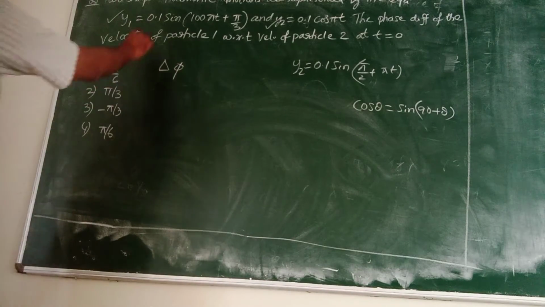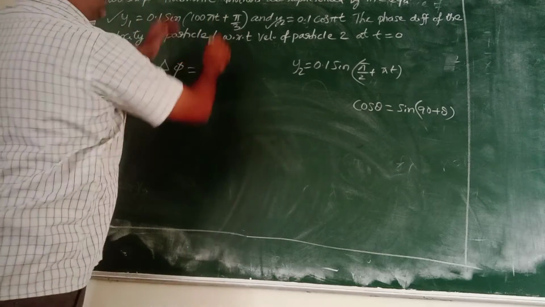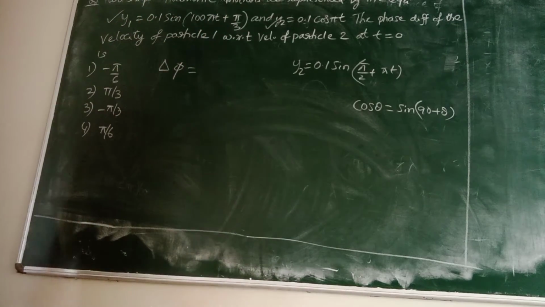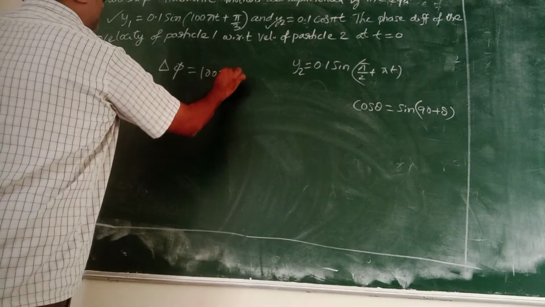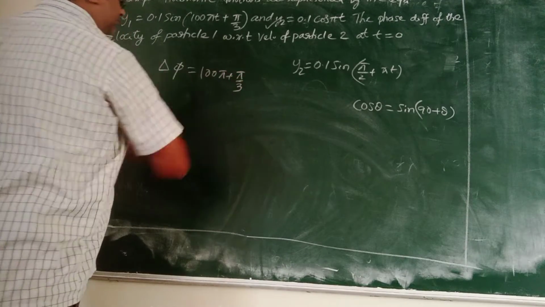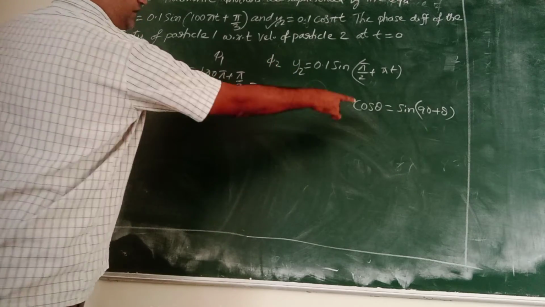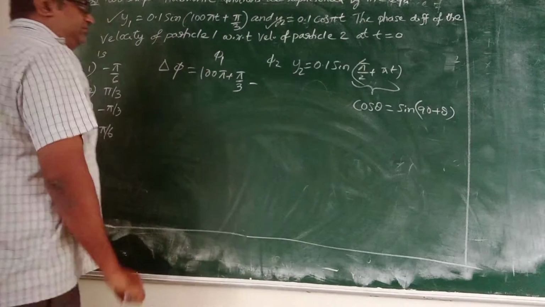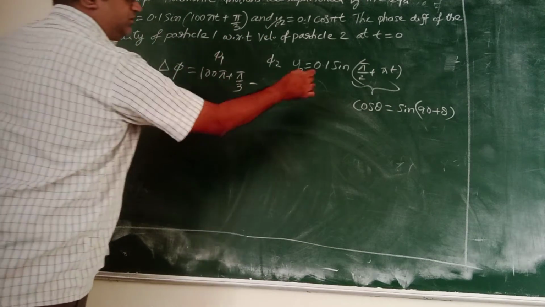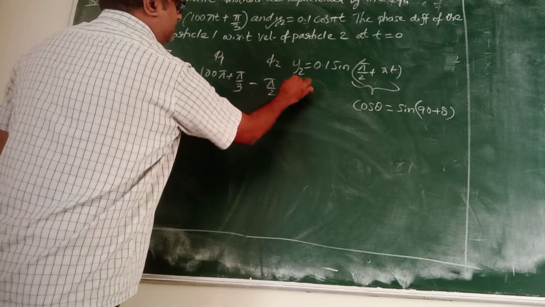So first equation is this. So delta phi is equal to phi 1 minus phi 2. Everything that is inside the sine bracket is the argument. So phi 1 is 100 pi t plus pi by 3. And phi 2 is pi by 2 plus pi t.